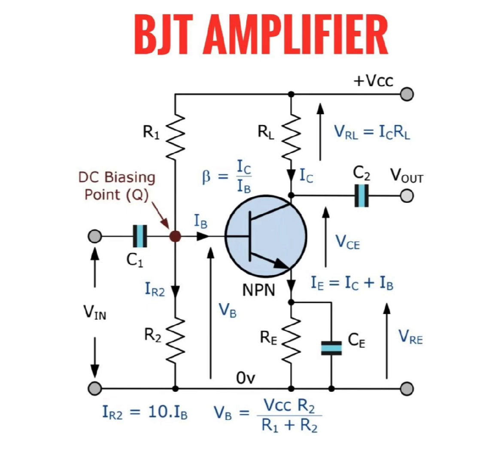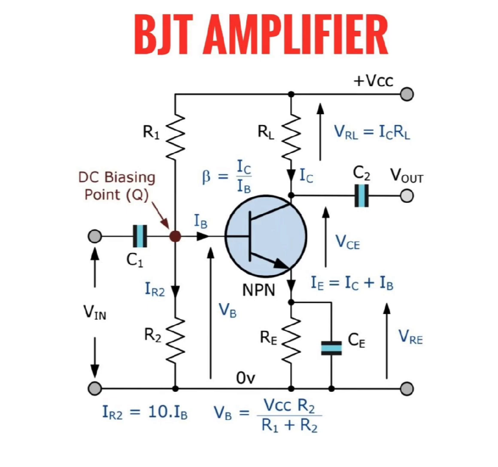What exactly is the active linear region? The transistor is in the active linear region when the base-emitter is forward biased and the base-collector is reverse biased. Input and output have a linear relationship.